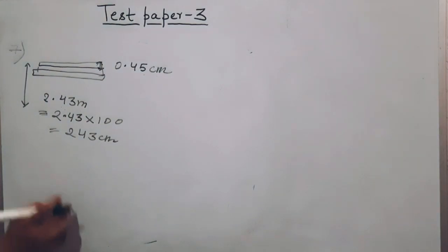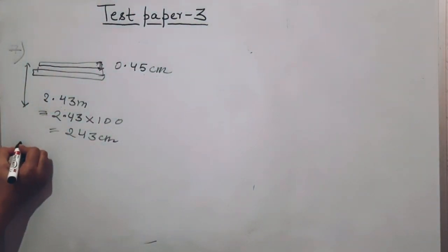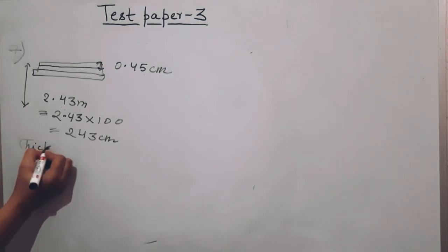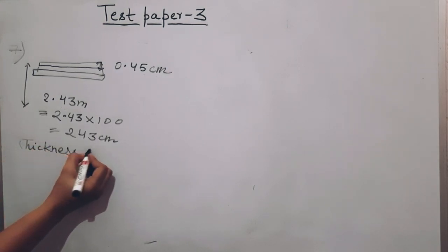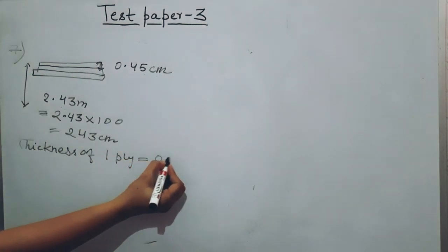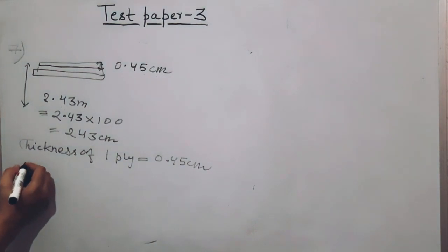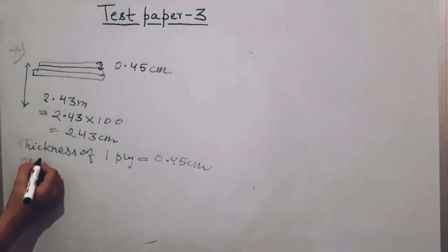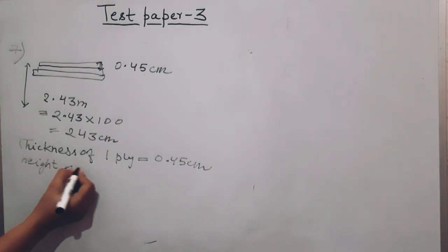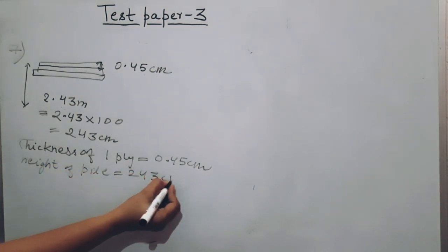Now what we have to do? हमें height दी है और एक ply की thickness दी है. So the first statement will be thickness of one ply. So the thickness of one ply is 0.45 centimeter. Now height of the pile. What is the height of pile? It is 243 centimeter.